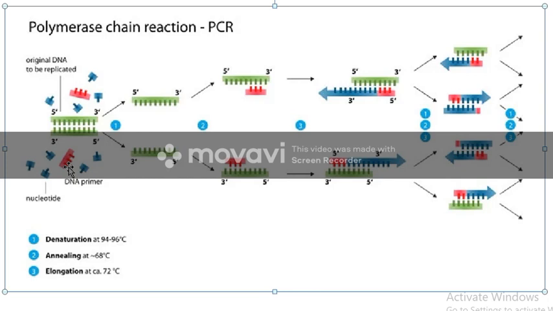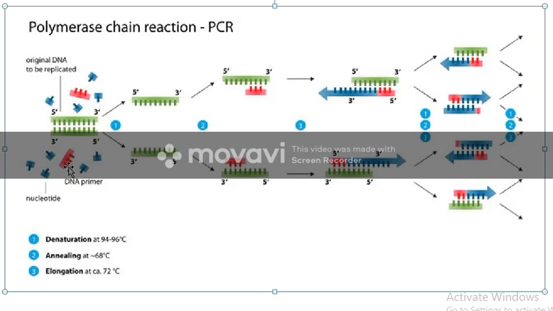Then we have the extension. The extension happens by the Taq polymerase enzyme at a temperature of 72 degrees Celsius. And this is one cycle. Let's say we have one copy of the DNA; at the end of the cycle we will have 2 copies of DNA.